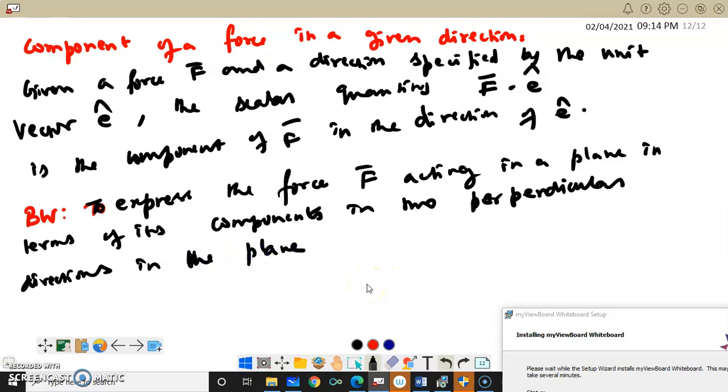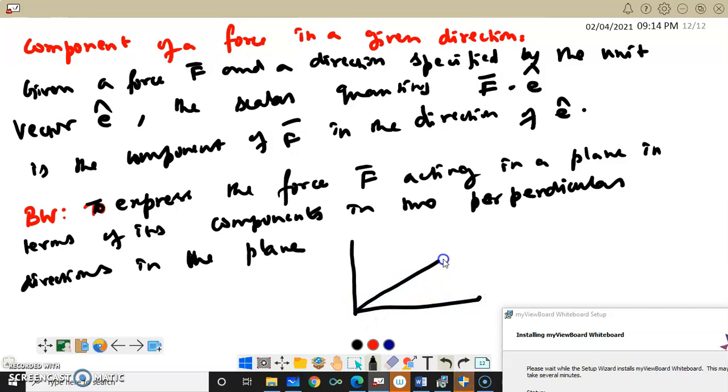Okay, that is, two directions are there and they are perpendicular to each other.